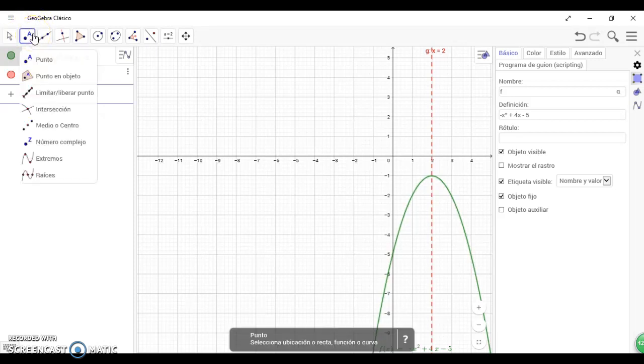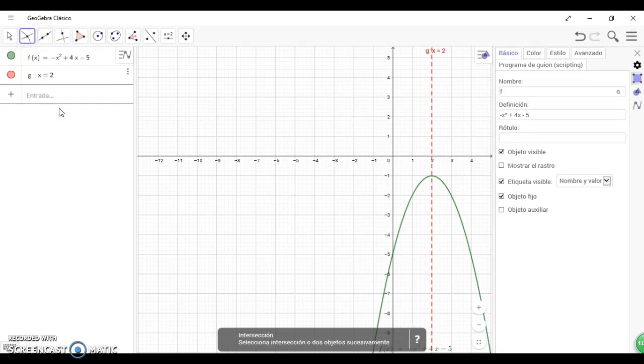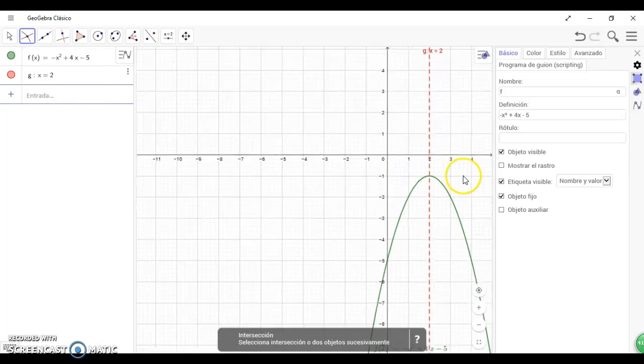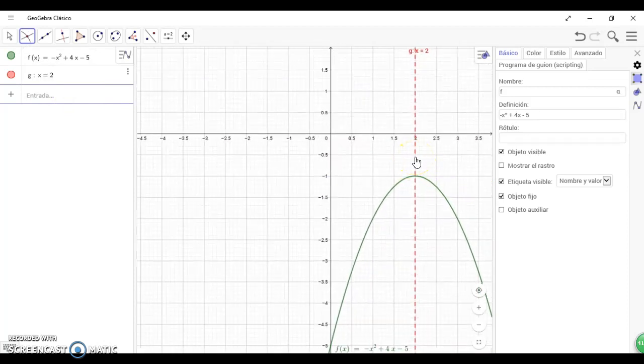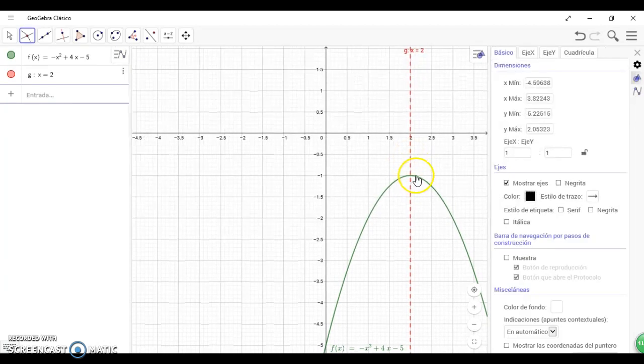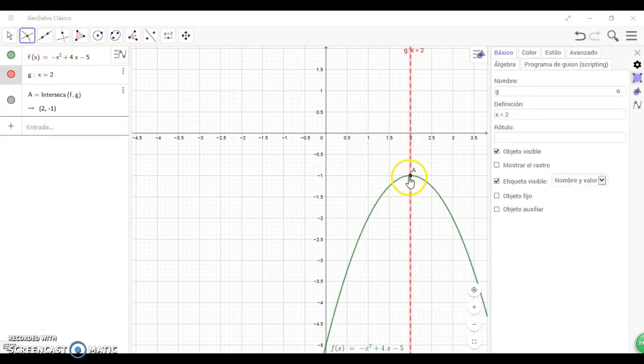You give it a click and you find the intersection point. So now with the intersection point, you select the vertex and then you select the graph. This is the coordinate of the vertex.